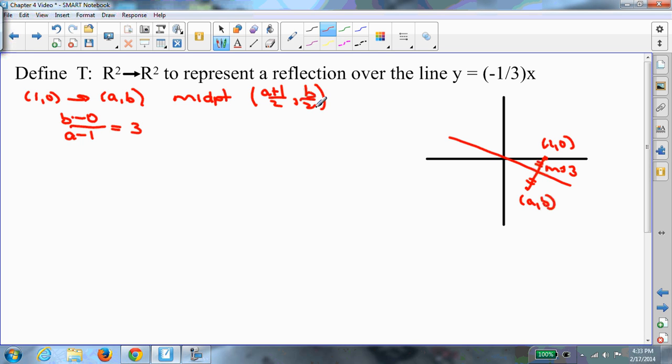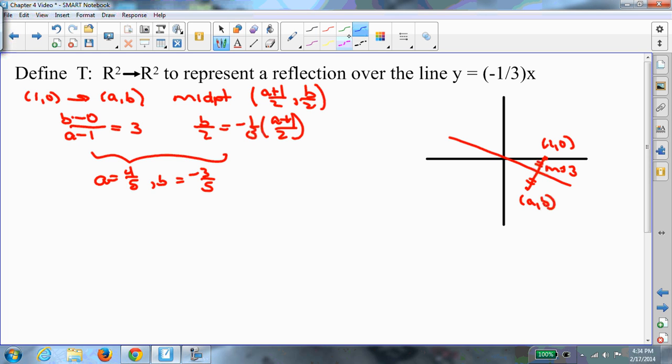And that has to be on my line, y equals negative 1/3 x. So that means B over 2 has to equal negative 1/3 times A plus 1 over 2. So if I take these two, it's a system of equations, and solve, I get A equals 4/5 and B equals negative 3/5. So in my matrix T, my first column is going to be 4/5 and negative 3/5.